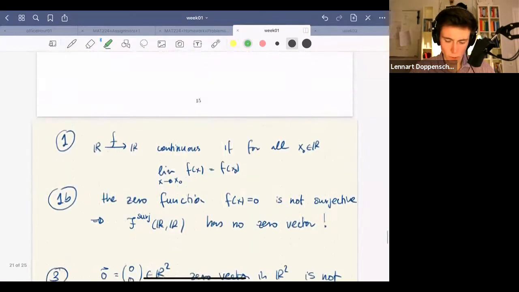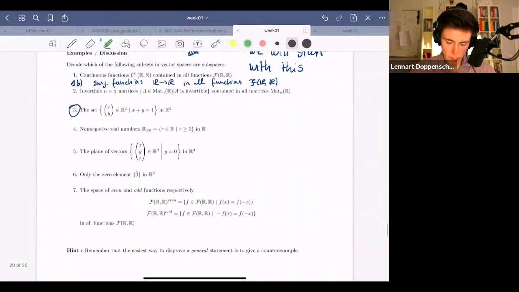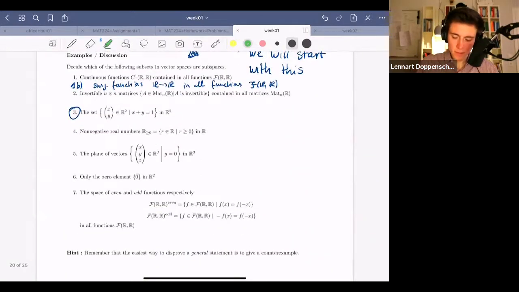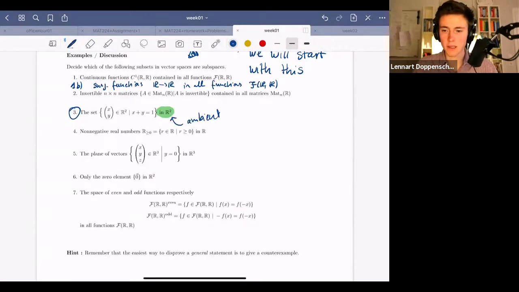Someone asked in the chat, how do we know that the zero vector is (0, 0)? In this case, I told you that this is a subspace in R2. So this specifies, I think last time we called this the ambient space, the vector space in which we will consider the subspace to be in.